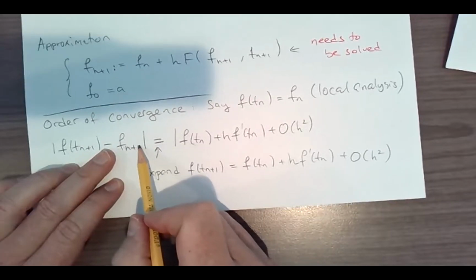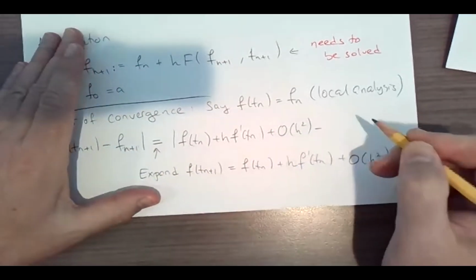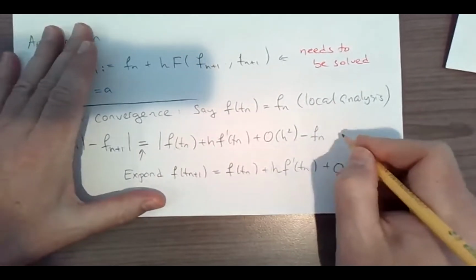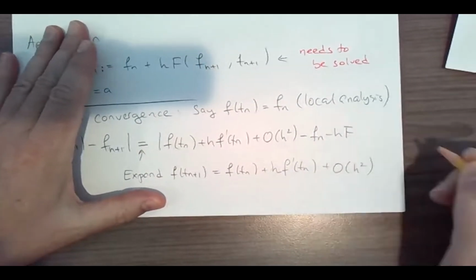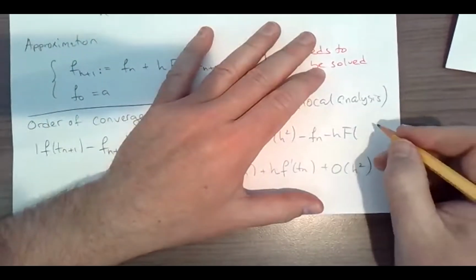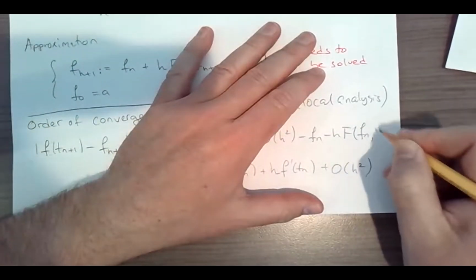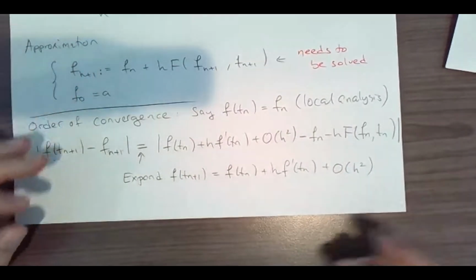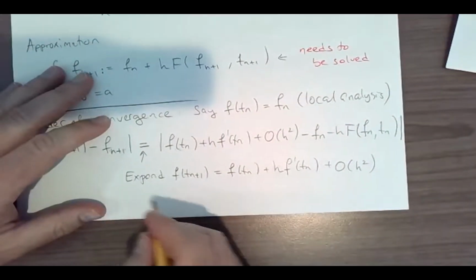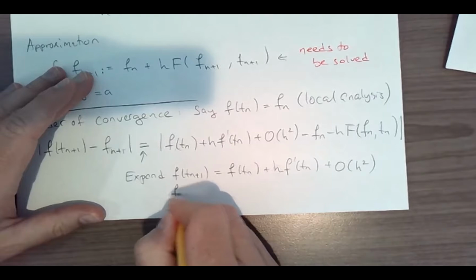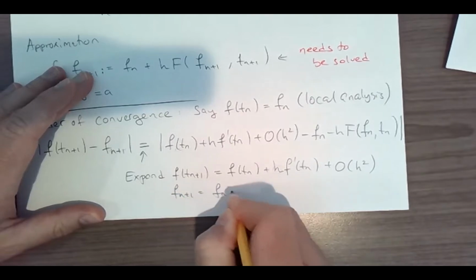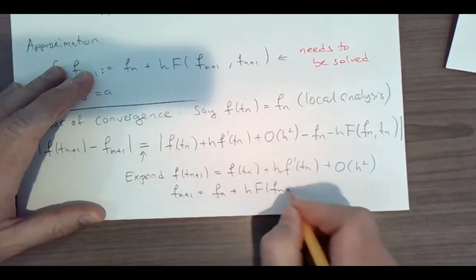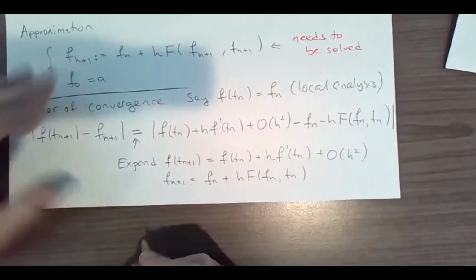If we use the explicit, this is going to be minus Fn minus h times f of Fn, Tn. Right, this was the explicit. The other one we use is that Fn plus 1 was Fn plus h f, and the explicit one says that you take the previous one and plug it into the capital F function.